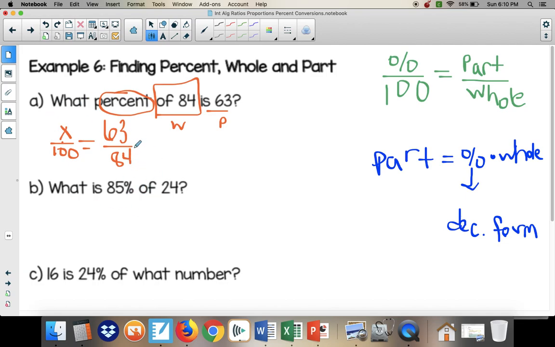So again, just different ways we can figure it out. Say rate, how many times multiply 63 to get 84, divided here, same thing here, or we just go straight across. So 63 times 100 divided by 84 gives me 75%.